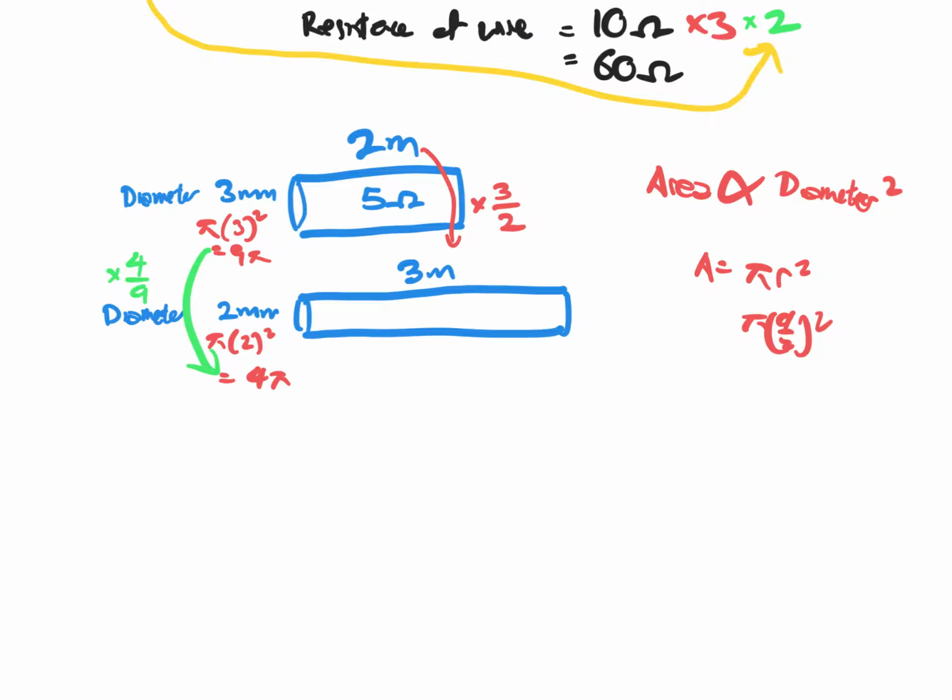So what happened to my resistance? I'll say the resistance of the wire will be equal to 5 multiplied by, what do I multiply by? Let's go length first. Multiplied by 3 over 2, does it make sense? Yes, because it's directly proportional. Now, the next part: do I multiply by 4 over 9 or do I take the reciprocal, like what we did early on?